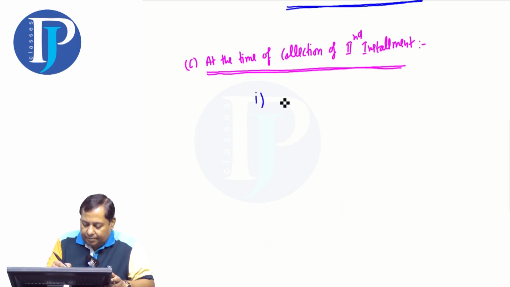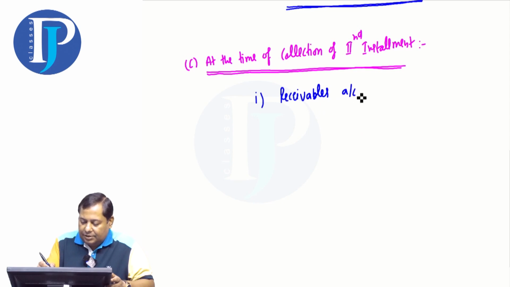In first entry, receivables account debit, 137,150.